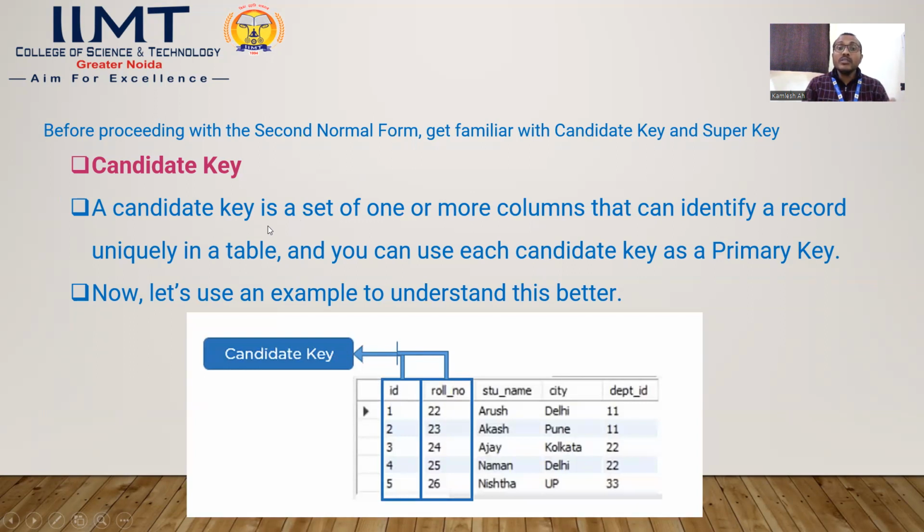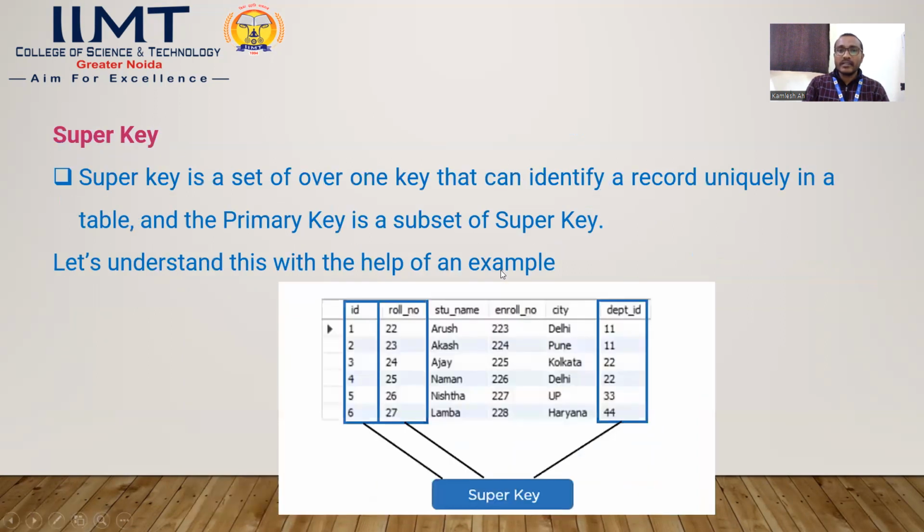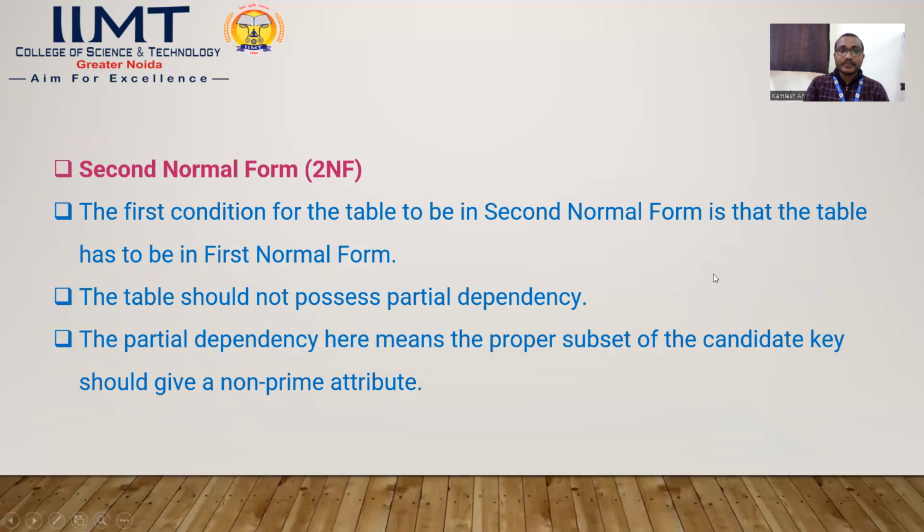Now let's use an example to understand this better. Super key. A super key is a set of one or more keys that can identify a record uniquely in the table, and the primary key is a subset of the super key. Okay, let's understand this with the help of an example.